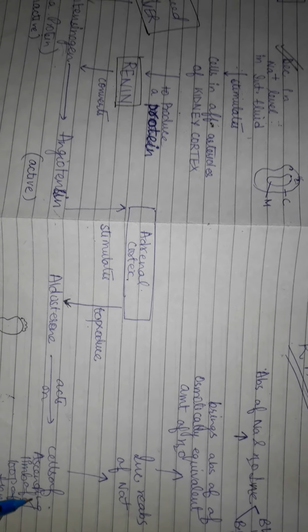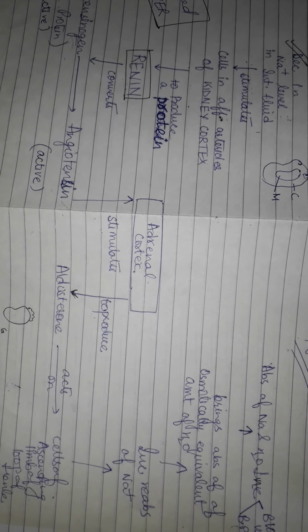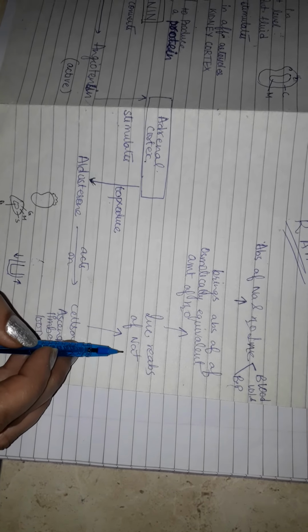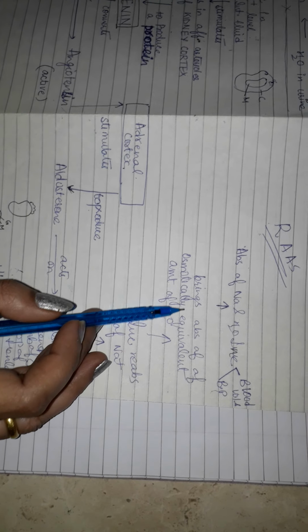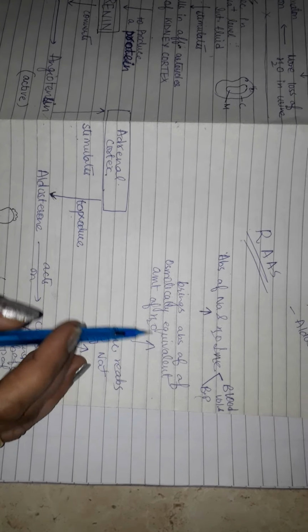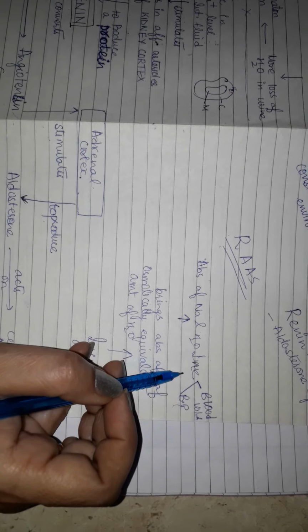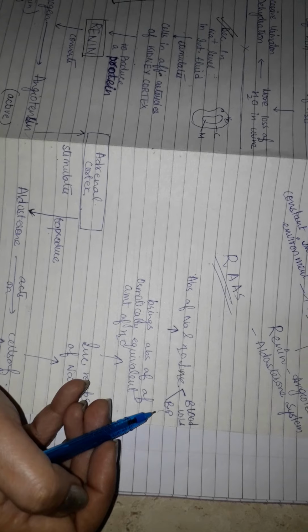This hormone aldosterone acts upon the cells of ascending limb of loop of Henle, and they increase the reabsorption of sodium ions, and this absorption of sodium ions brings osmotically equivalent amount of water. Absorption of sodium and water increases blood volume and it also increases the blood pressure.